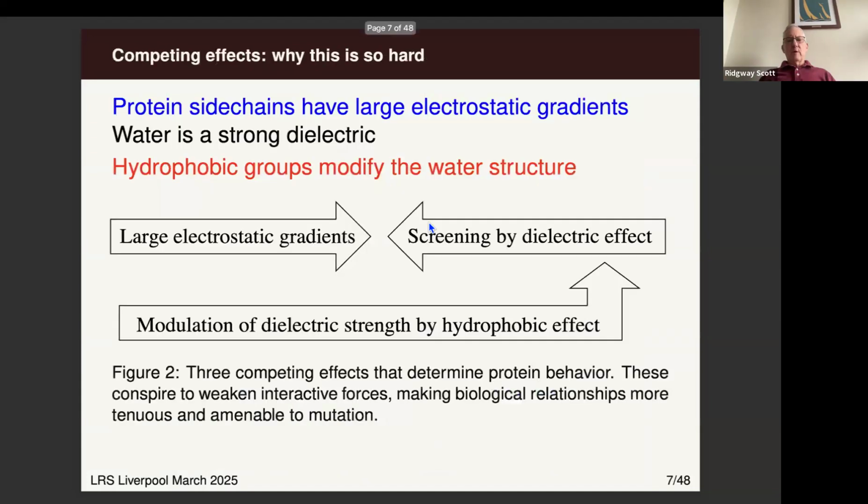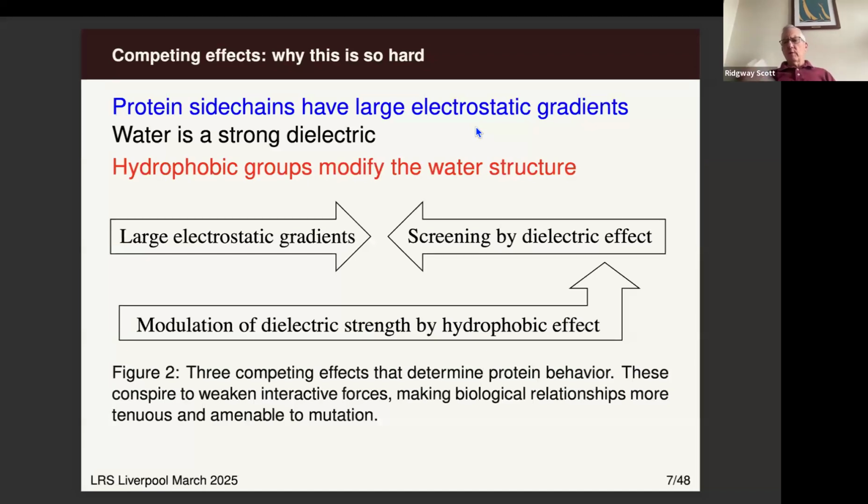Okay, so first of all, why is this so hard? Why am I not doing some sort of standard bioinformatics technique, just counting things? Well, because there's a lot of physical chemistry going on here. And so first of all, what you need to understand is that protein side chains have very large electrostatic gradients.